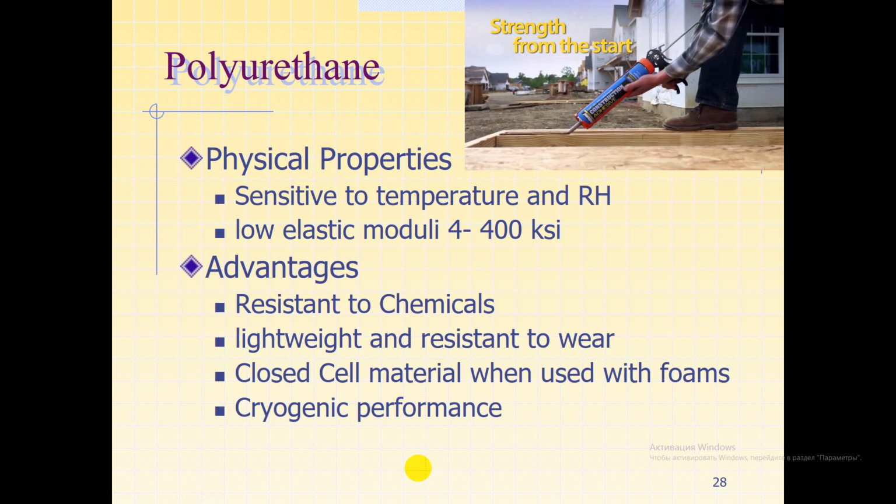Polyurethanes are formed by reacting a polyol chemical compound with a type of chemical called diisocyanates, which are mixed to create different types of polyurethane applications.